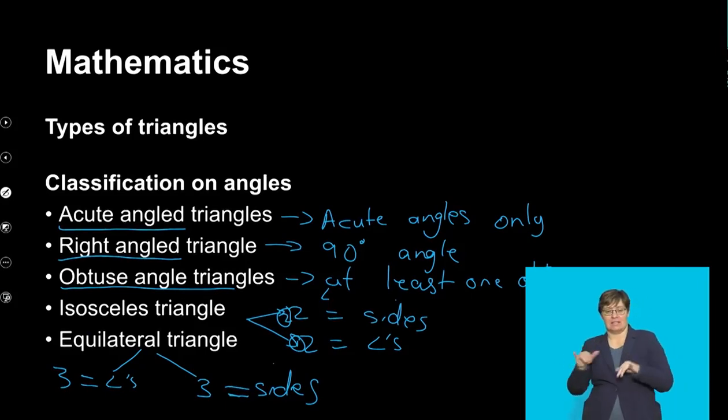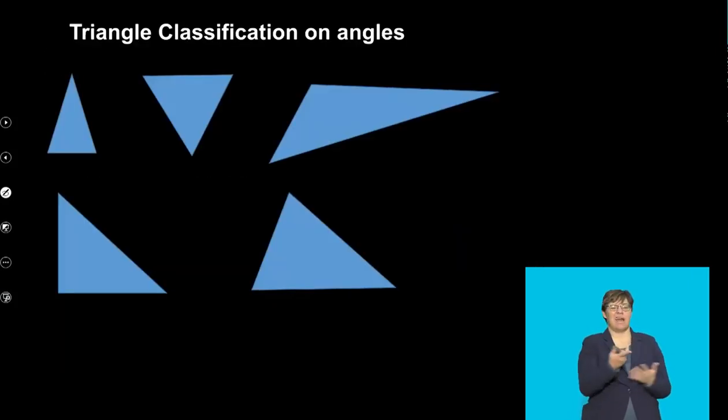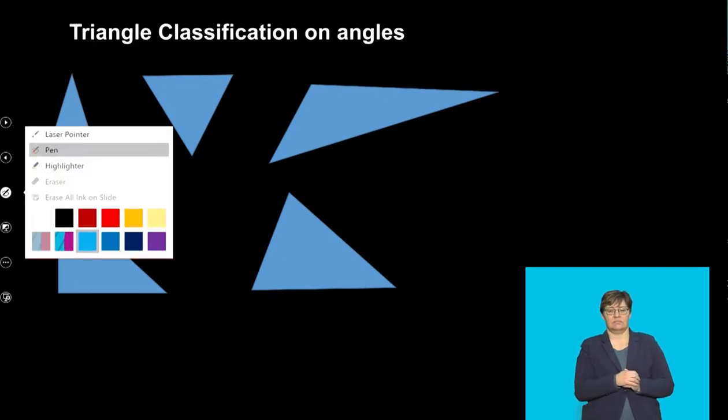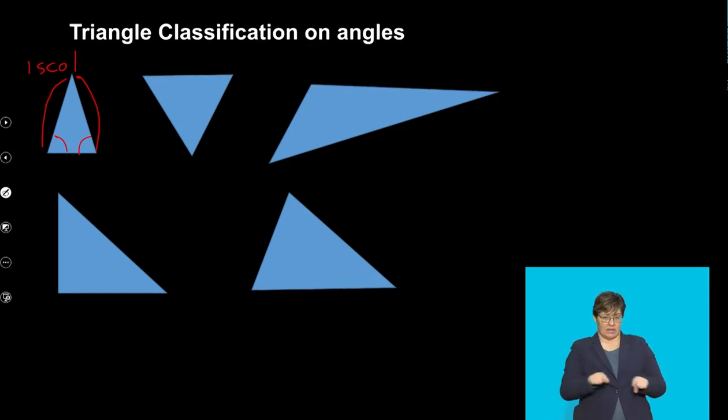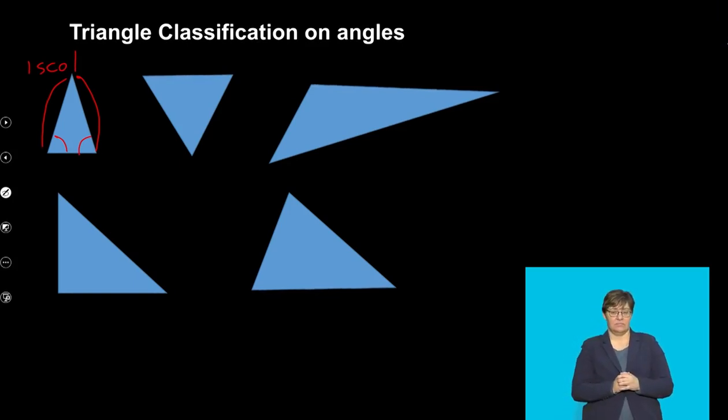Now let's see how we're going to try and apply all of these. You can see with this one here, let me just use a different color. This side is equal to that side, and that angle there will be equal to that angle there. So this will be considered the isosceles triangle that we have, right?